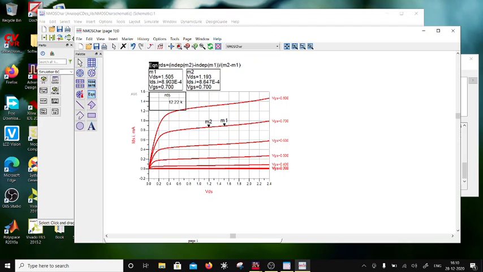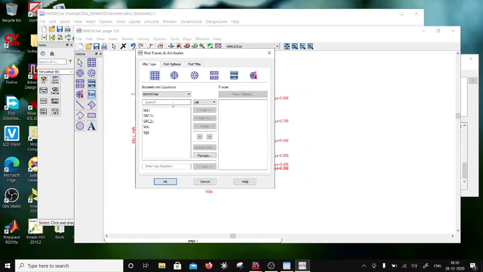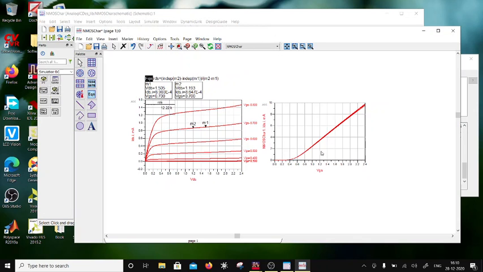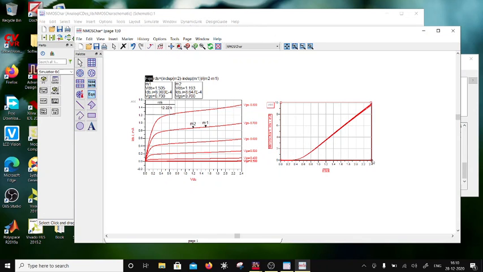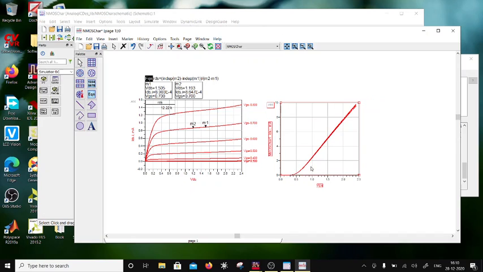Now I'm going to plot here from the different data set. So I'm going to use this data set and plot IDS. So here, this is your transfer characteristics, and what do you see? You see that there is a threshold. Threshold is around 0.2, but then there is a sub-threshold leakage here. Now this curve won't make a lot of sense unless you look at it in a log scale.